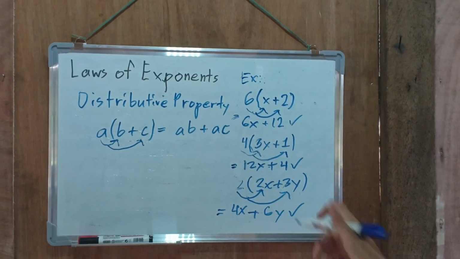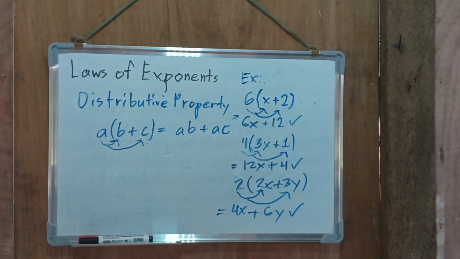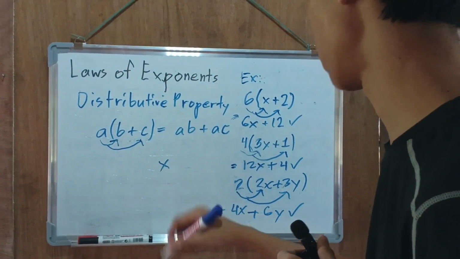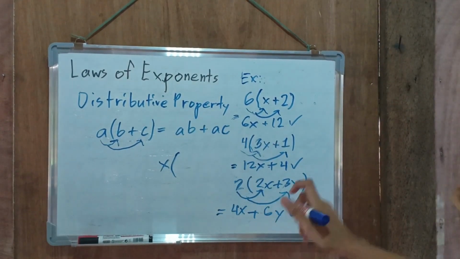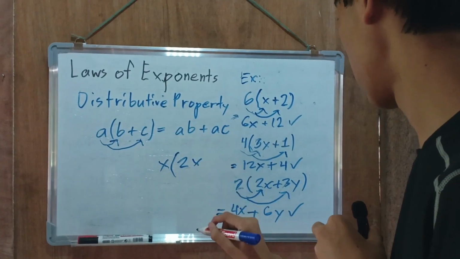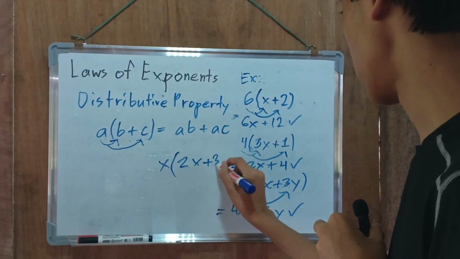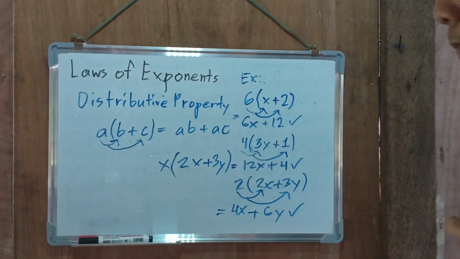Now what if what you want to distribute is a variable? So this is x. Let's say we're going to take this, 2x plus 3y. The technique here is very simple.